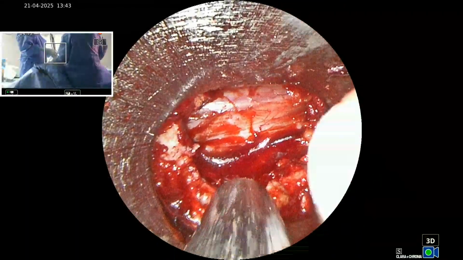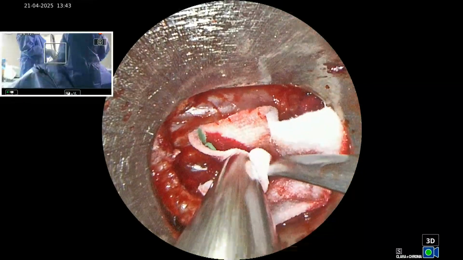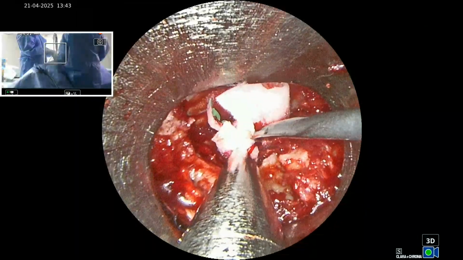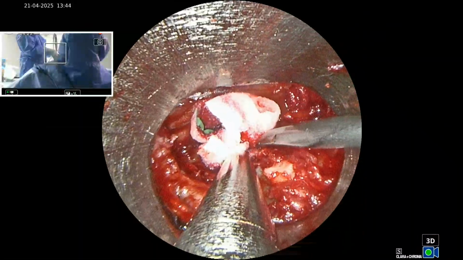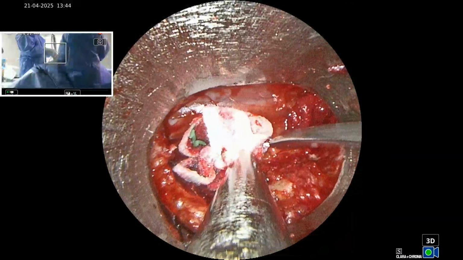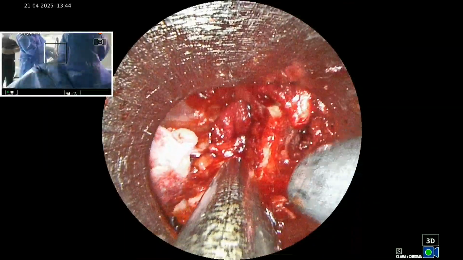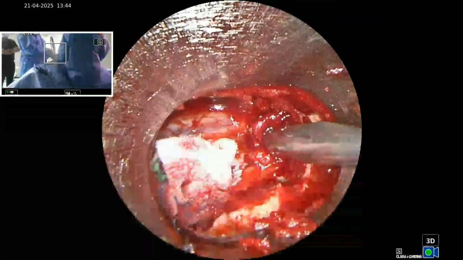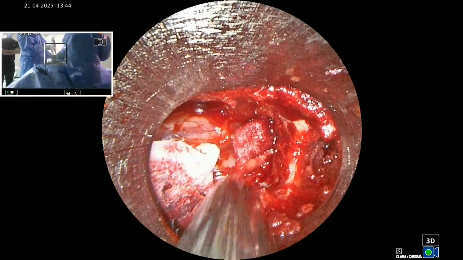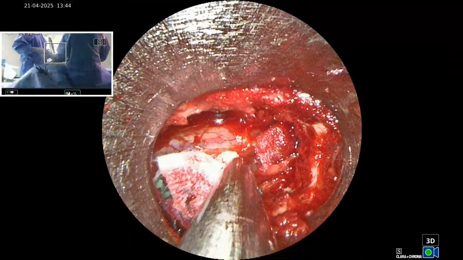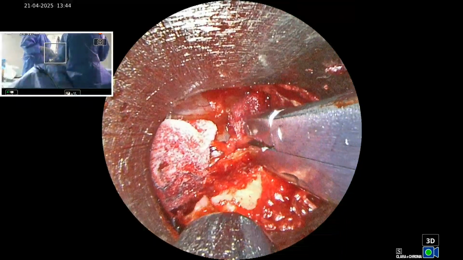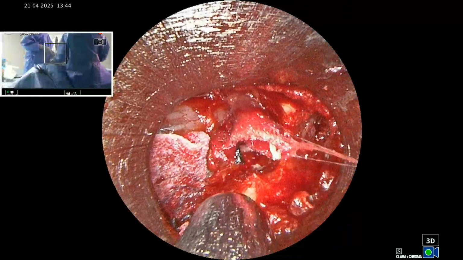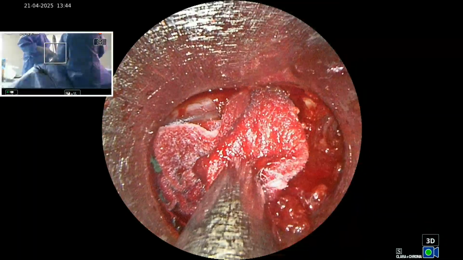I will try to put a small pettie here at the shoulder of the nerve root. Let's see if possible, it is good. Spatula.